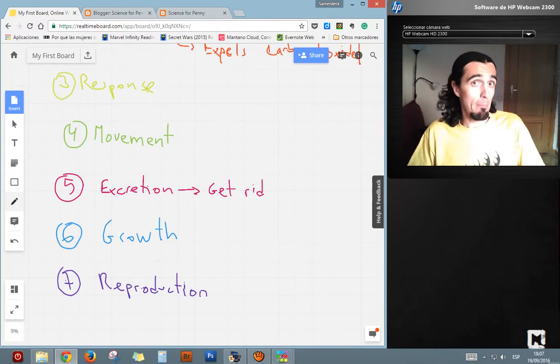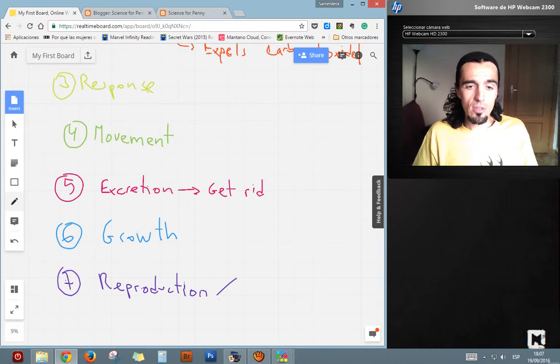If you are a ladybug, it means creating more ladybugs. So reproduction means creating more individuals like yourself. If there wasn't reproduction, then that species would go extinct, so it's kind of important.